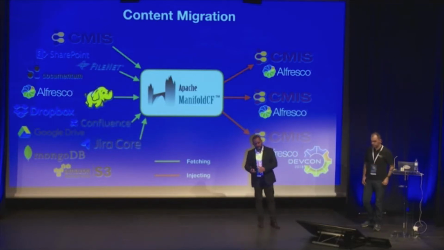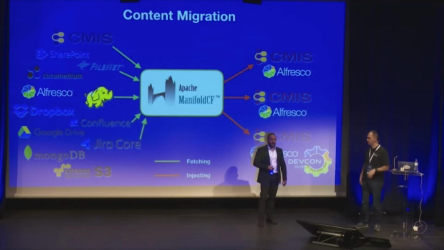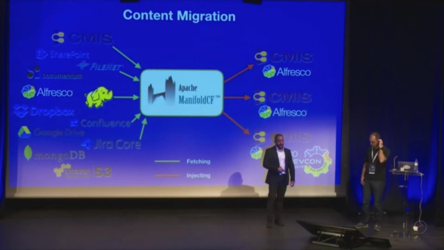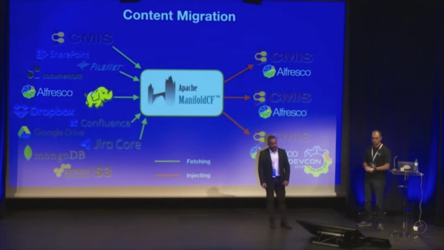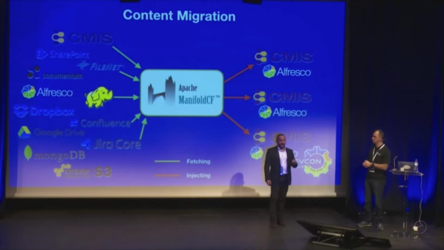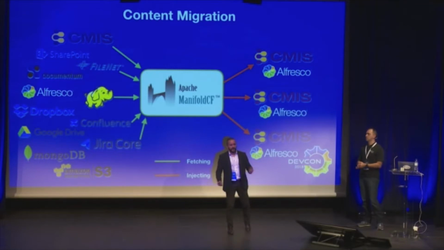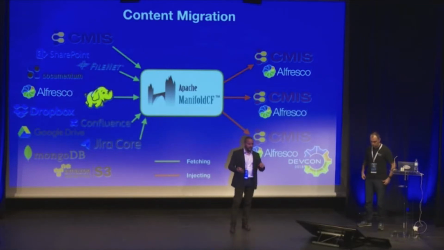So we can look at Manifold not just as a crawler that is spitting content into search indexes, but also as a migration tool that can actually migrate content from these several repositories into target repositories. And in the reality of companies these days, the content is spread all over. Companies started with shared folders.